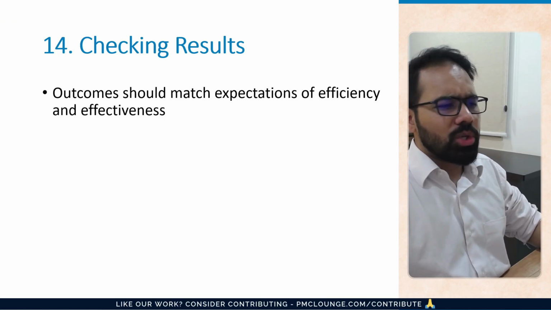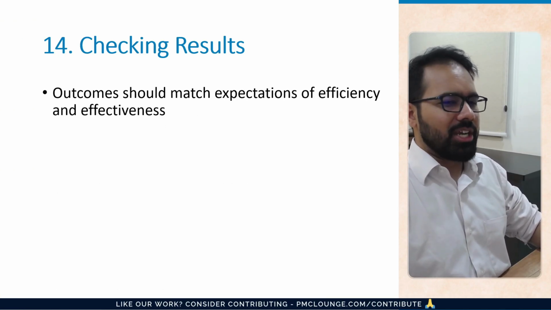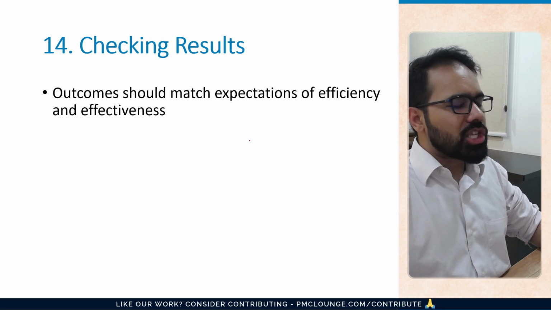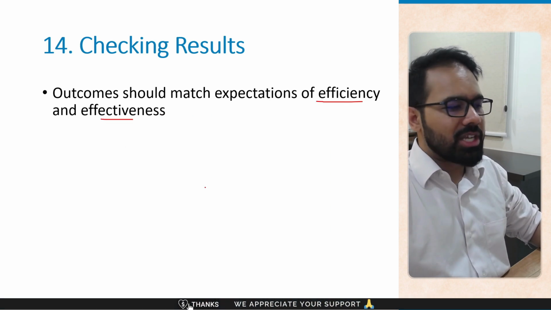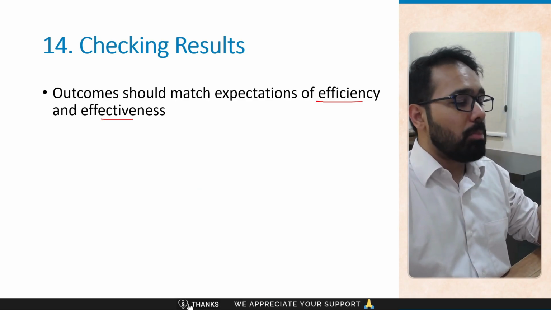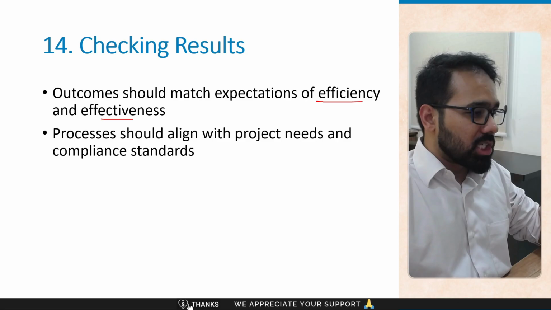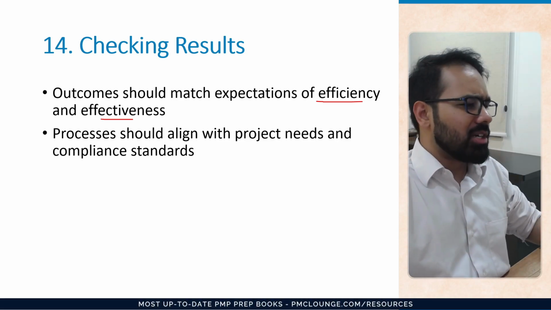Checking results. How do you check if your work performance domain is effective? Outcomes should match expectations of efficiency and effectiveness both. Work should be streamlined, not bogged down. Processes should align with project needs and the compliance standards required.